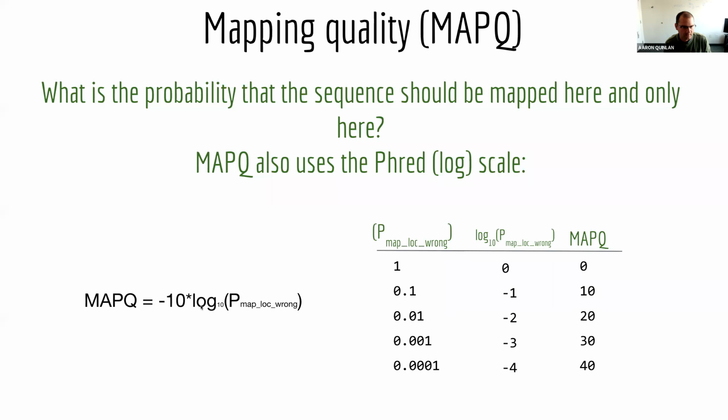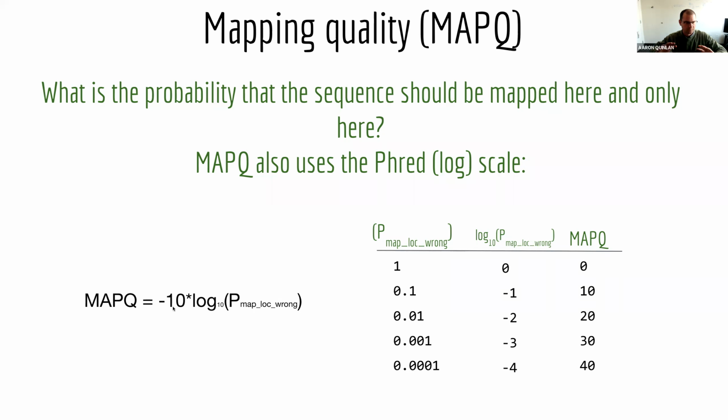What this does is it takes the base 10 log of that probability. So if the probability is 0.1, the base 10 log of that is -1, because you're just shifting the decimal place one to the left. And then what the Phred scale does is it multiplies that by -10.